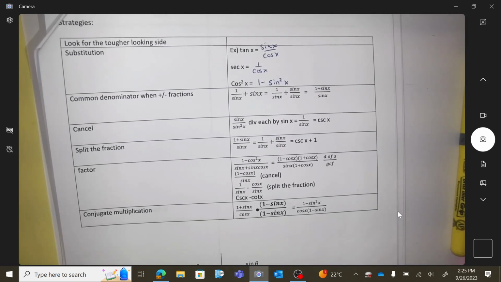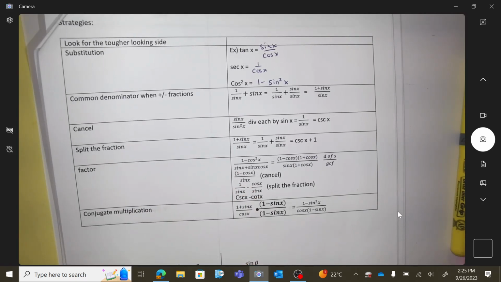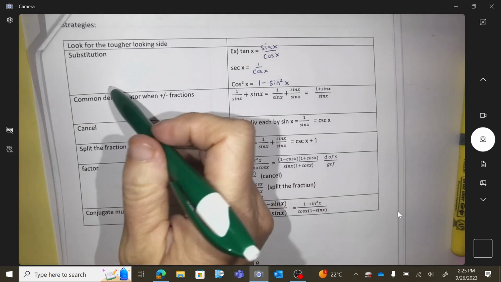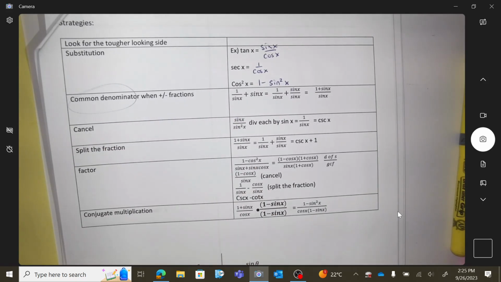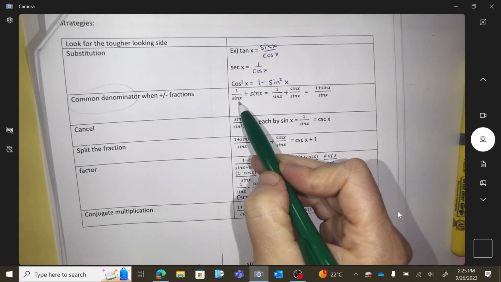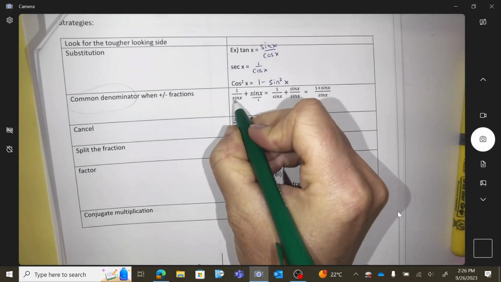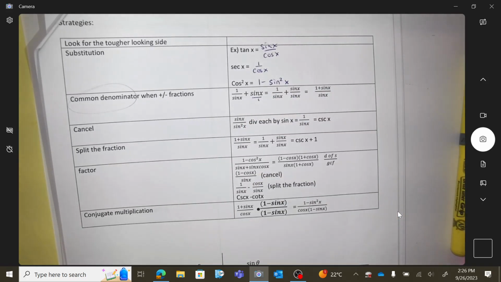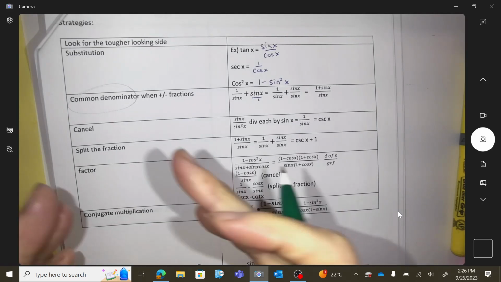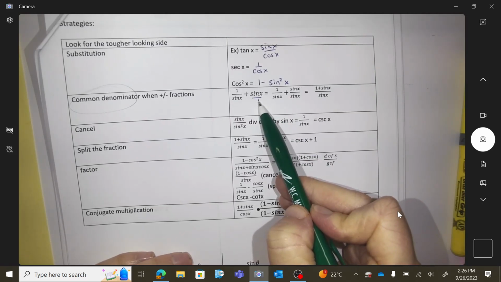Okay, here's another strategy. You're going to get a lot of fraction stuff. When you add and subtract fractions, you're going to have to make common denominators. Here's an example you could run into: 1 over sine x plus sine x. This has a bottom of sine x and this has a bottom of 1. You can't put them together. So you would change this bottom to become a sine x.